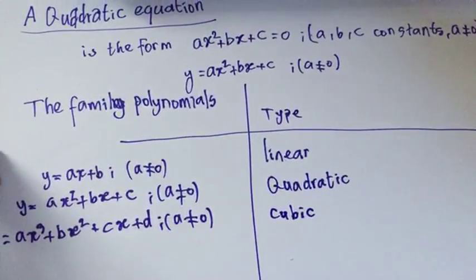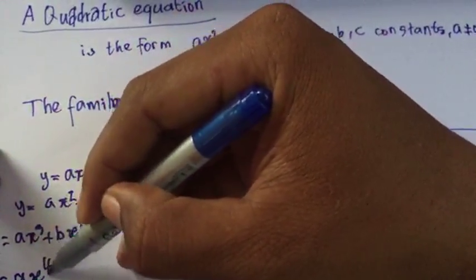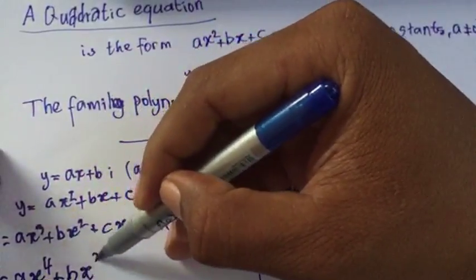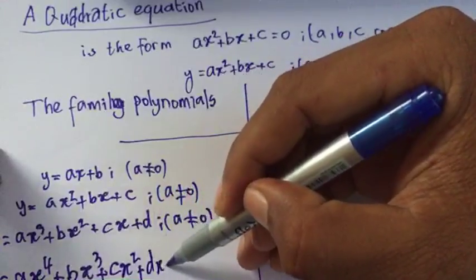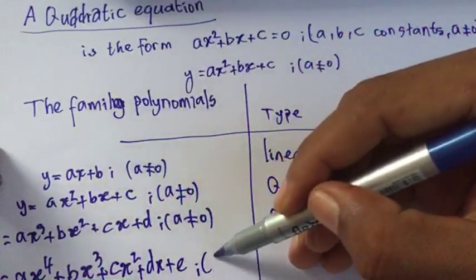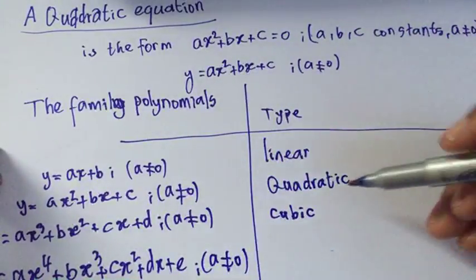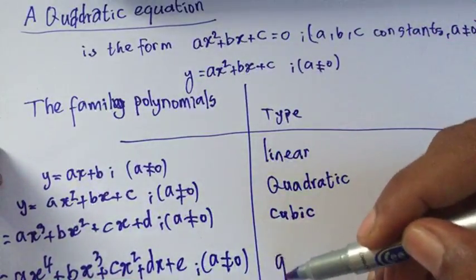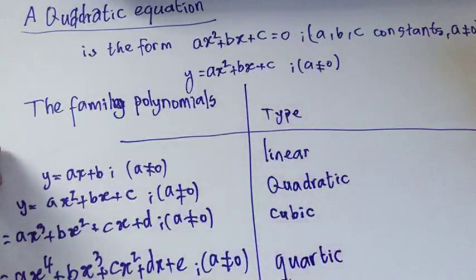And y equal to ax to the 4 plus bx cubed plus cx squared plus dx plus e, with a different from 0, we call quartic. It is the family of polynomials, and we had to review and remind ourselves of it.